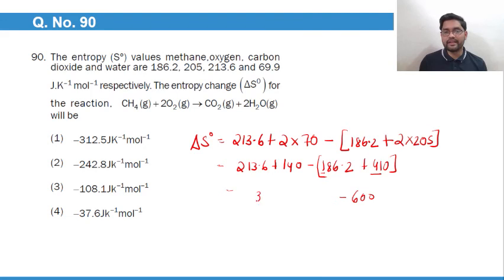So 328 around. So this will be around 328 minus 600. So it will be less than 300. Okay. Less than 300. And the range is somewhat around 270. So yes, this can be the best answer. Option 2. Let's see. Yes. This can be the best answer in terms of 200.